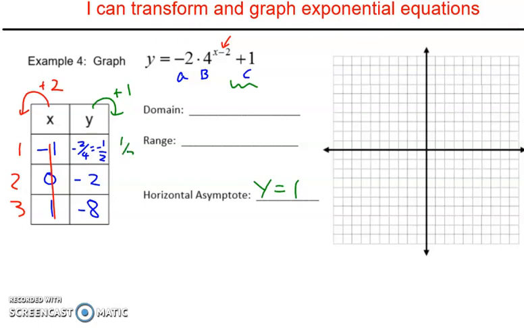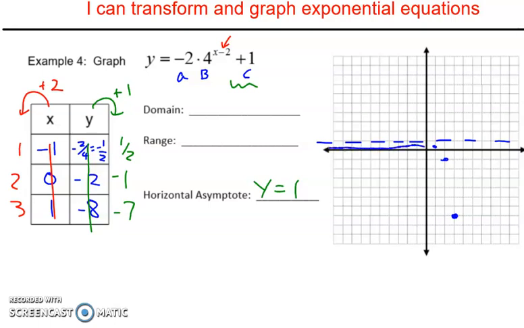So let's see, I get 1/2, negative 1, and negative 7, I believe. Let's graph it. Y equals 1, positive 1, 1/2, 2, negative 1, and 3, negative 7.